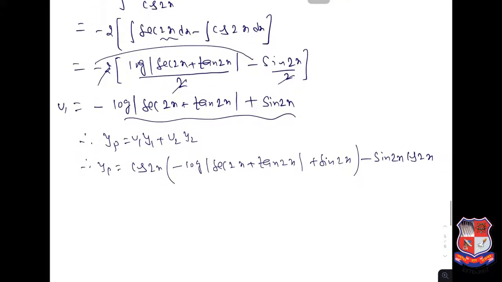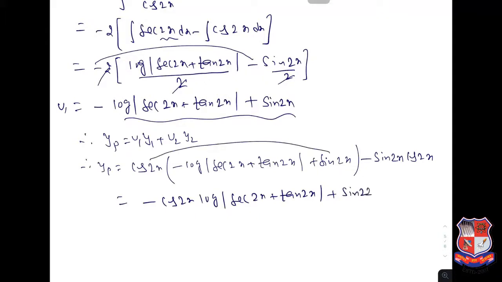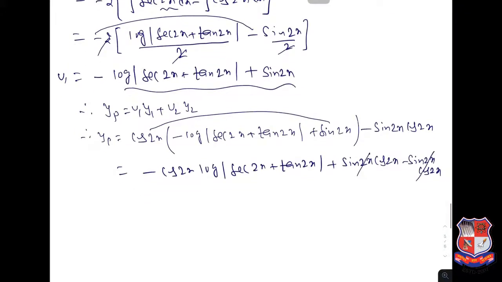So now this is equal to minus cos 2x log of sec 2x plus tan 2x and plus sin 2x cos 2x, and this is minus sin 2x cos 2x, so they will cancel.